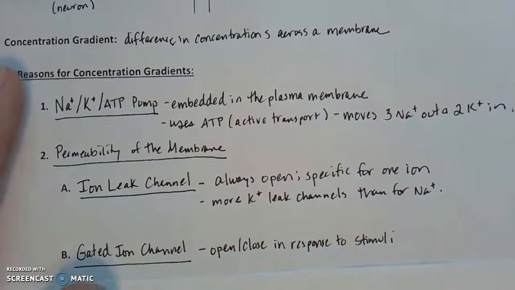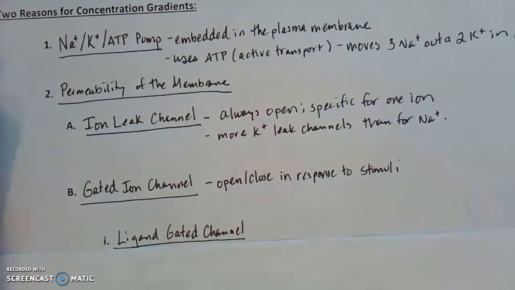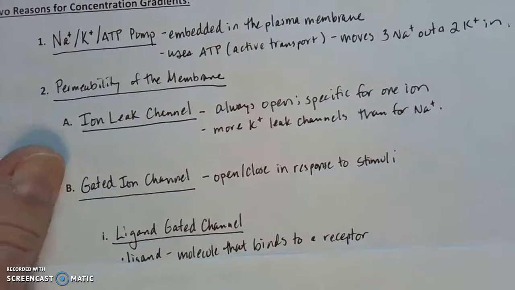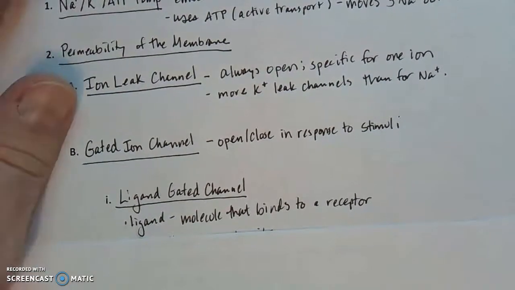We also have gated ion channels. These have a door that opens and closes in response to something. We have different things that can react to open or close these gated channels. We have something called a ligand-gated channel, and we're going to see ligand again later on in the year when we talk about the endocrine system. A ligand-gated channel has a ligand, which is a molecule that binds to a receptor.